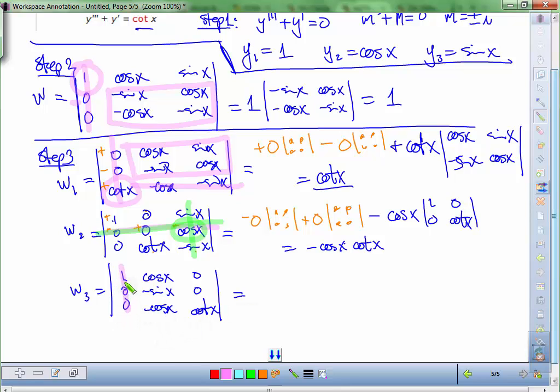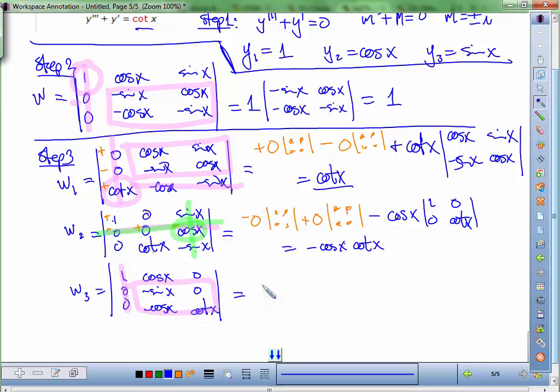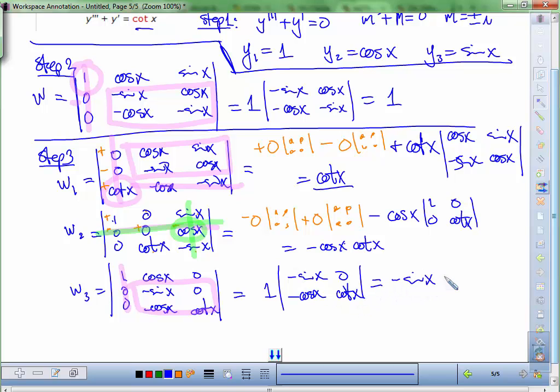The other two are going to be 0, so the only thing that's going to matter is that first one, which has a plus. So it'll be 1 times the determinant of minus sine x, 0, minus cosine x, cotangent x. And that is equal to negative sine x times cotangent x minus 0.